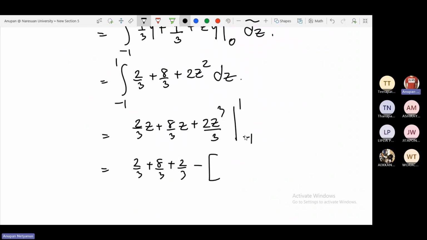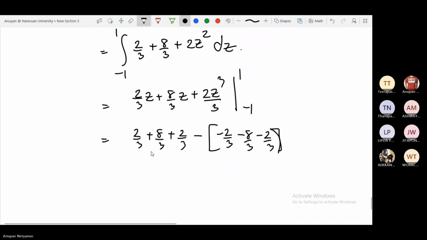Minus plug in -1: -2/3, -8/3, and -2/3. If I take the negative out, the negatives go away, so I have 2 copies of this.